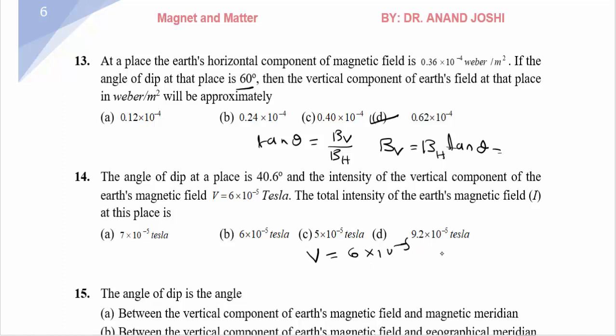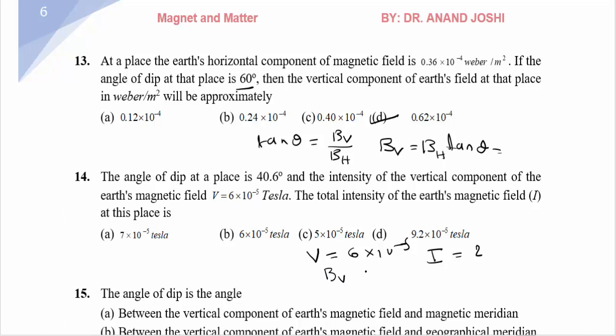The question asks for total intensity I of the magnetic field. Dip is given, so use the vertical component formula. What is the formula for BV?